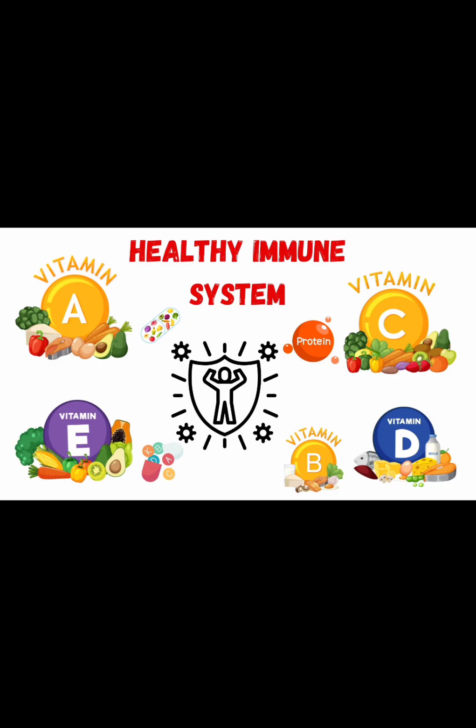So make sure you have a well-balanced diet, your sleep pattern is good, and you exercise. When people think about their immune system, they usually don't consider the role it plays in fighting off infections and common colds. So there is a great connection between the immune system and nutrition.